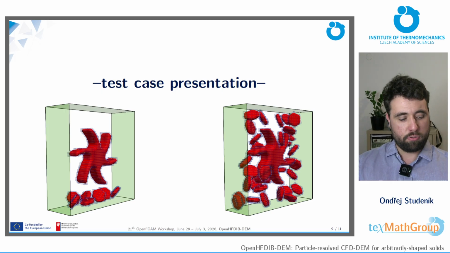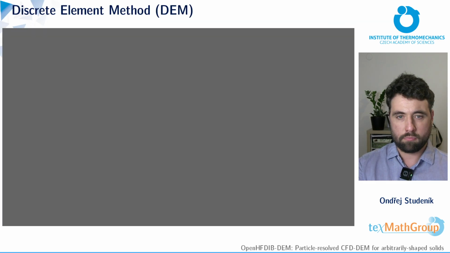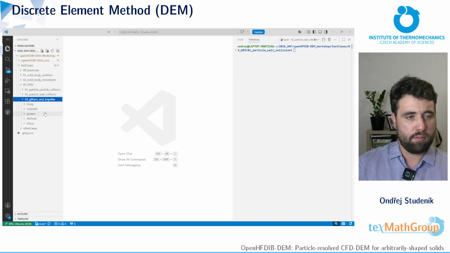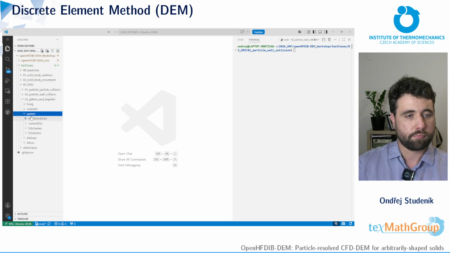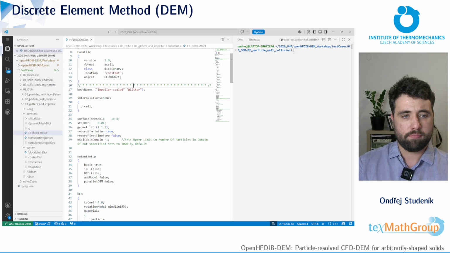So let's go back to VS Code. Okay, we are here, and let's see what changed in the case. So let's go to HFDIB-DEM. We still have the impeller and glitter defined.